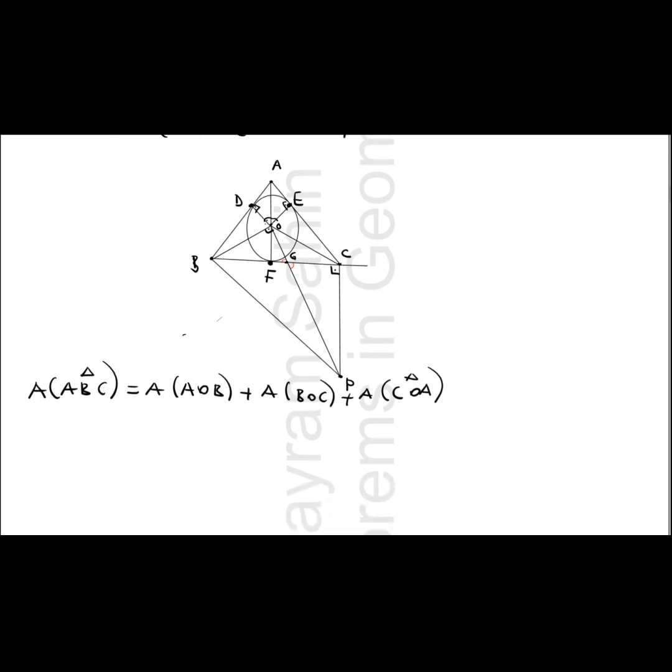So we can write in this form. So this area will be 1/2 OD times AB plus, the second one, 1/2 again, OF times BC plus OE times 1/2 again, OE times AC. So we know OD, OF and OE are radius, so they are all the same.